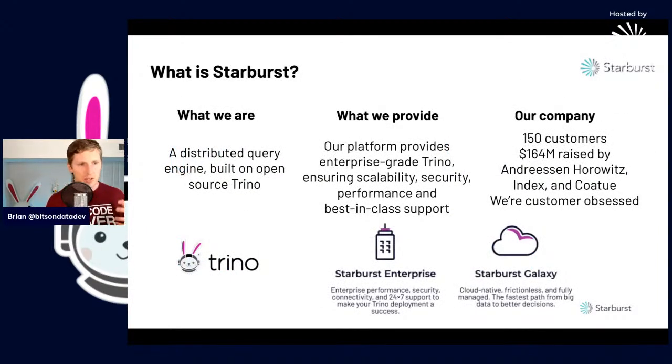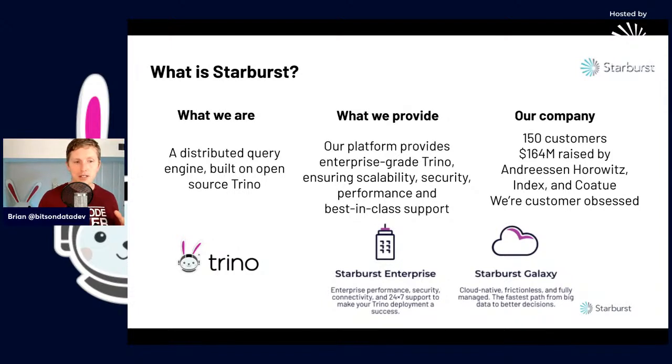So that's what Trino is, but what is Starburst, and who's paying me the money to actually sit here and talk to you about this awesome open source project? So Starburst is a distribution of Trino, and actually a couple distributions. In fact, we have an enterprise product called SEP, Starburst Enterprise Platform, and then there's Starburst Galaxy.